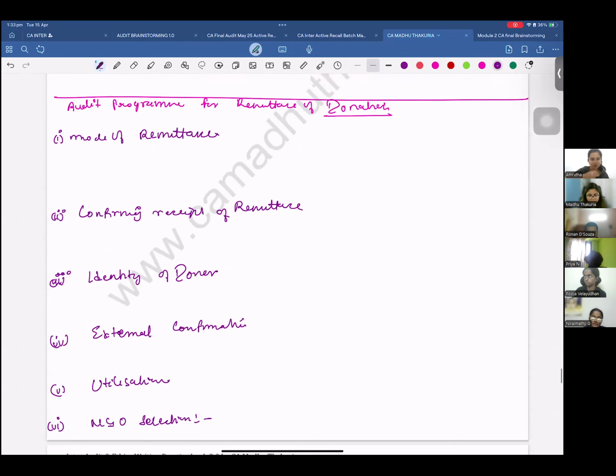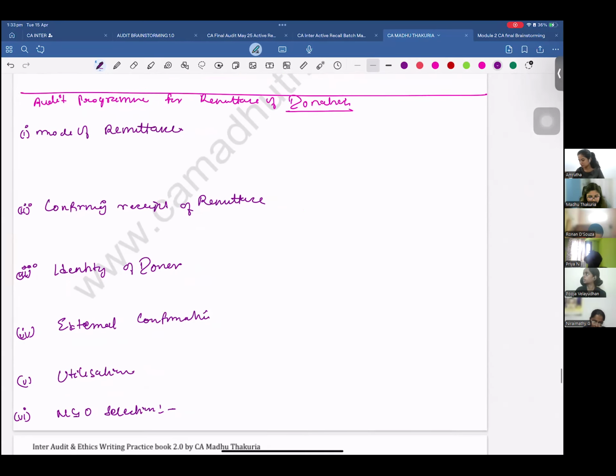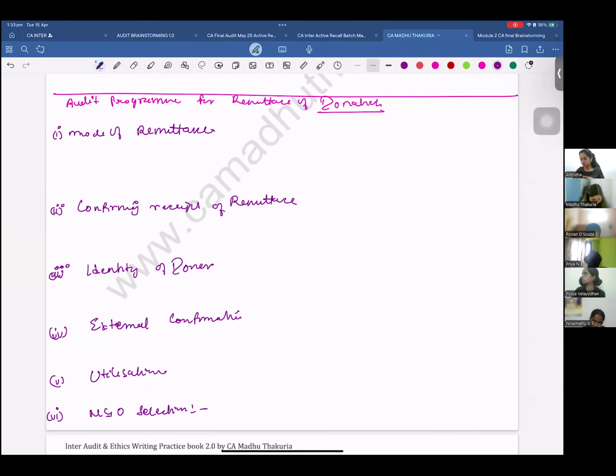Now, can you tell me the identity of donee? Not the donor, donee. Please write down. One NGO will remit the donation to whom? You're already an NGO. To whom are you remitting this money?